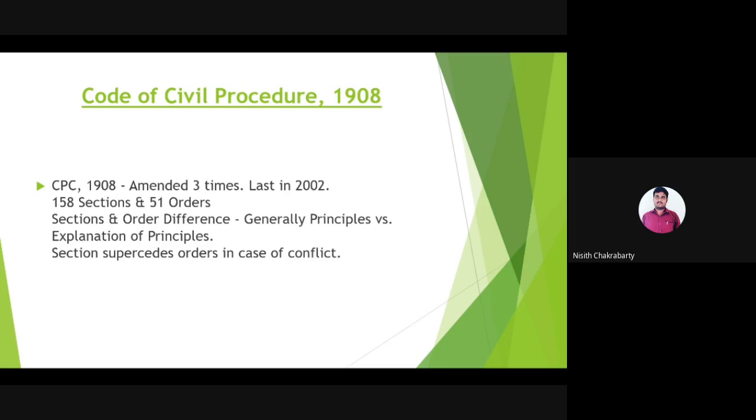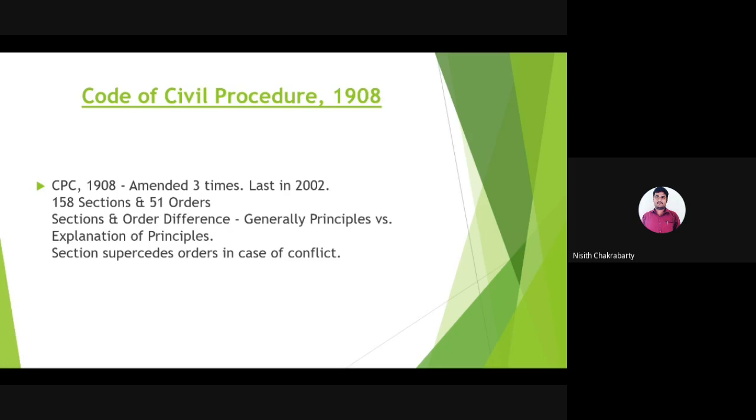What is the difference between order and section? Sections lay down the general principles, whereas the orders lay down the explanation of the principles. This is the basic difference. You may read in many places that sections are substantive law and orders are procedural law, and all of that.